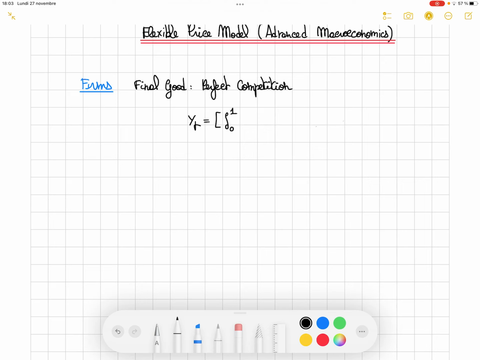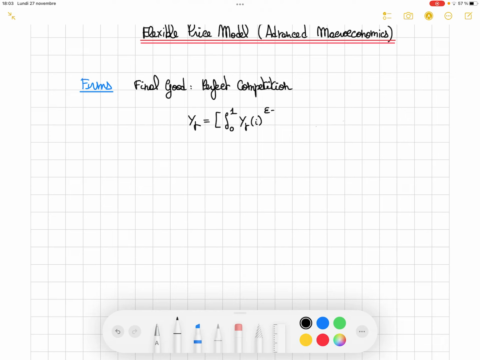Here we will consider a continuum of varieties, so that will be between 0 and 1. But you can see this integral a bit as a sum of the function of the varieties that we will be considering. So this integral of epsilon t(i), where epsilon t(i) is basically the input, the variety i used in the function.